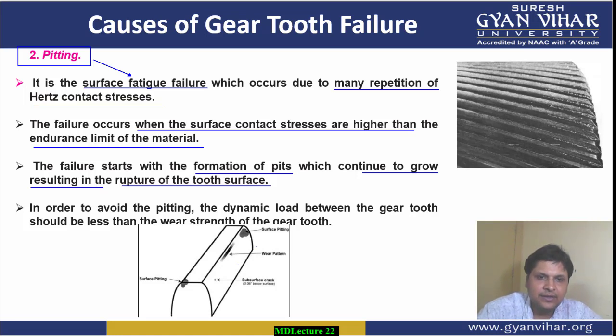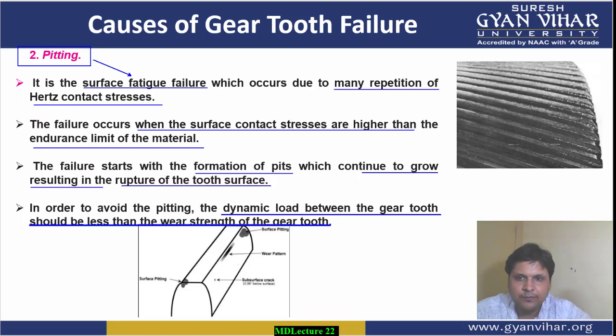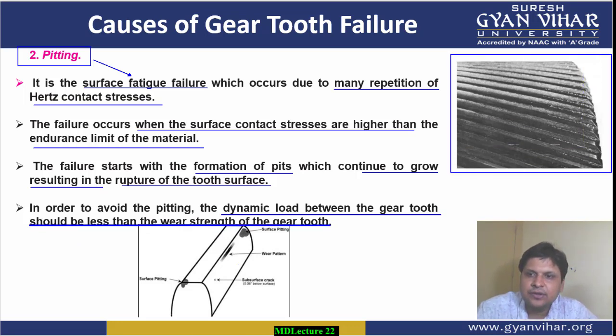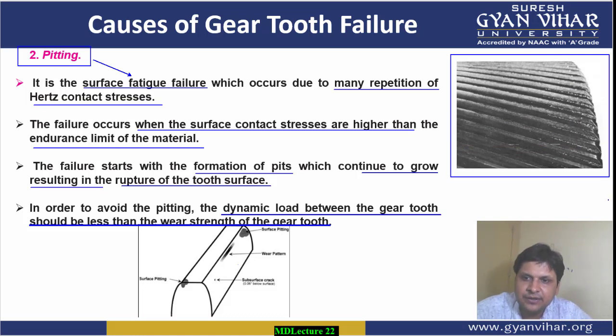So while designing itself, it should be kept in mind that the dynamic load between the gear teeth should always be less than the wear strength of the gear tooth in order to avoid the problem of pitting. In the diagram also you can see the actual diagram of the initial pitting. Initially small pits you are seeing, which will develop into a big pit before failure.